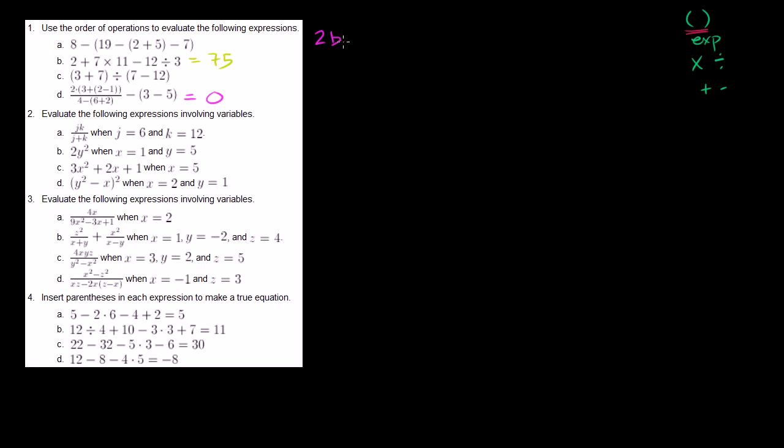2b. Evaluate the following expressions involving variables. Fair enough. So they wrote 2y squared. And they're saying that x is equal to 1, which is irrelevant because there is no x here. And y is equal to 5. So if y is equal to 5, this thing becomes the same thing as 2 times 5 squared. And notice, I put parentheses there.